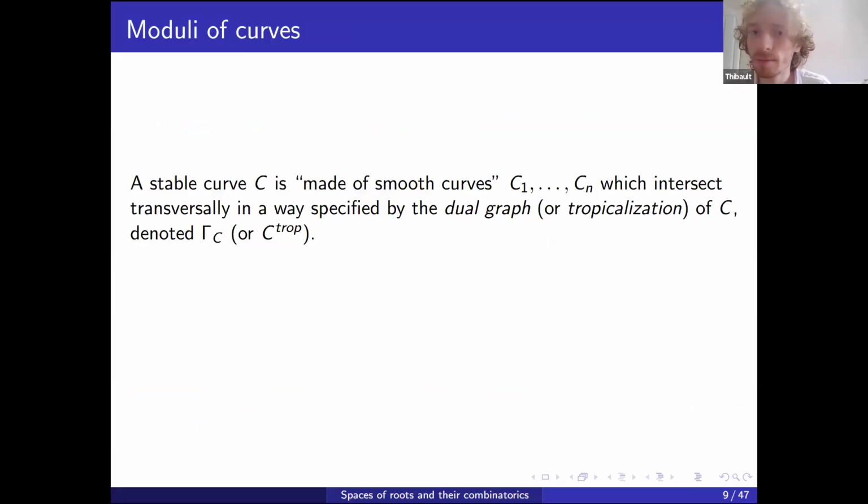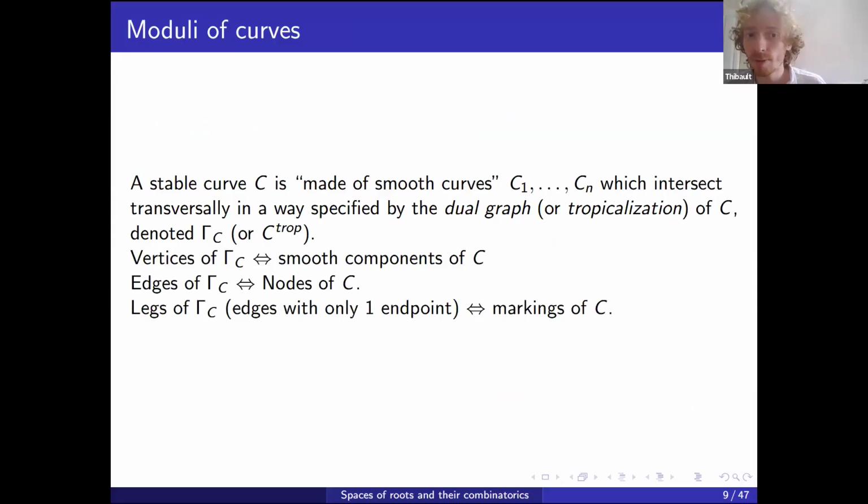Okay, so as we've explained a little, a stable curve is essentially made of smooth curves which intersect transversally at a bunch of points. And this means that I can encode all of these intersections of components into a graph, which I'm going to call the tropicalization or the dual graph of the stable curve.